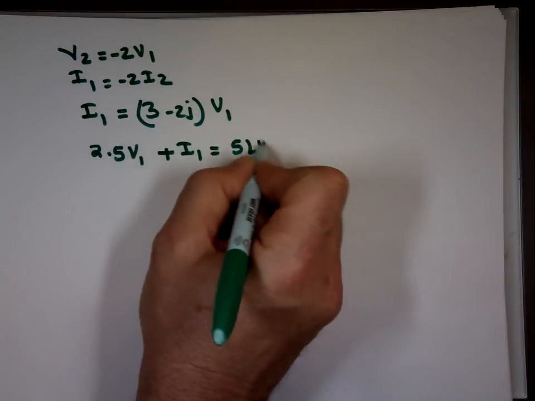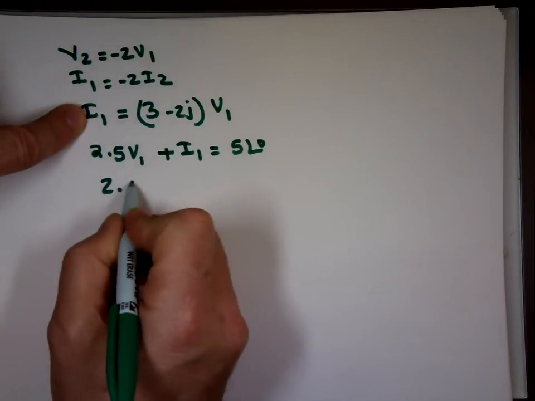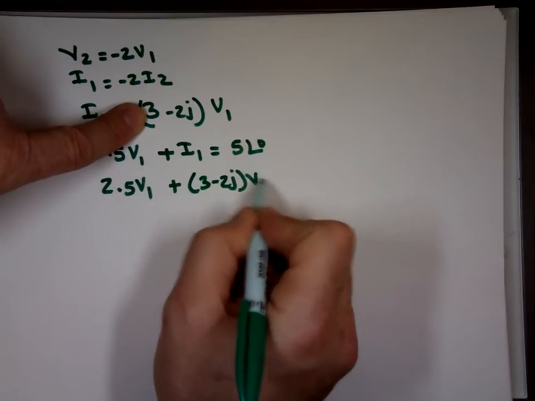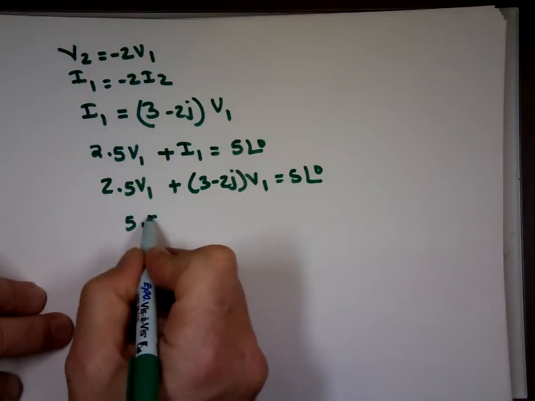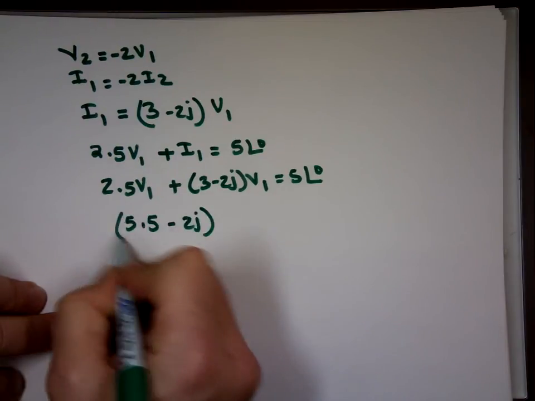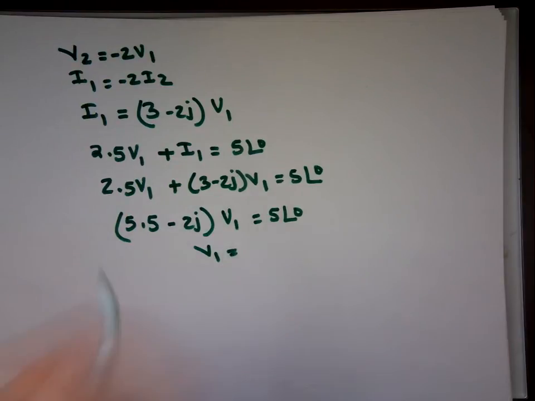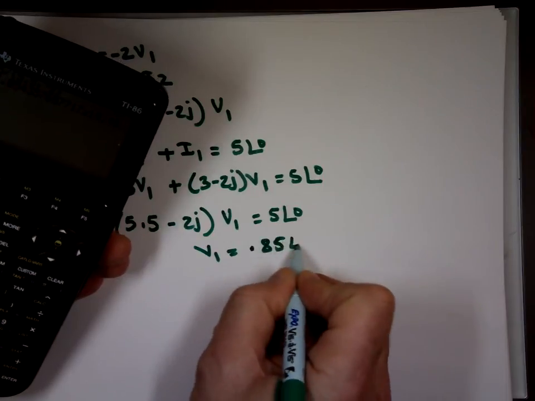I should be able to solve that by doing a substitution here. 2.5 V1 plus, in place of I sub 1, let's put 3 minus 2j V1. 3 and 2.5, that's what? 5.5 minus 2j V1 equals 5 angle 0, which means V1 equals, let's see what my calculator says, 5 divided by 5.5 minus 2j. 0.854 angle roughly 20 degrees.